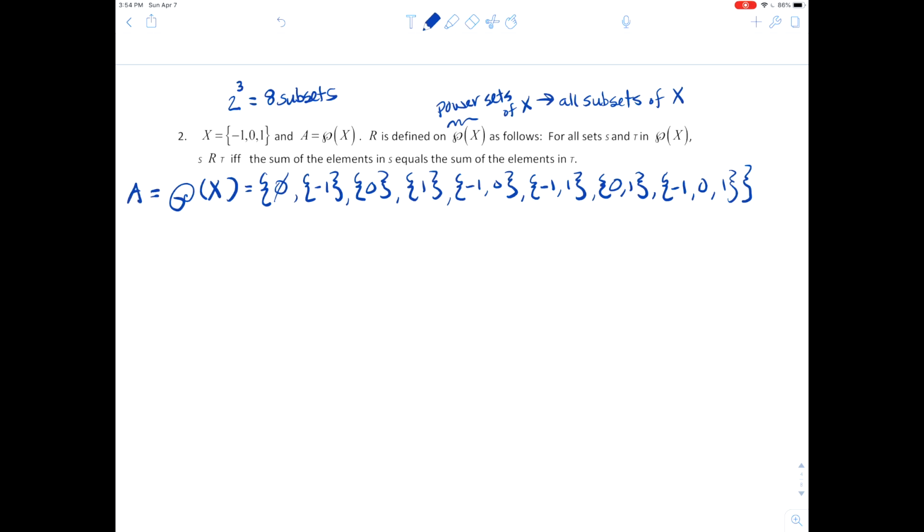Okay, so what we are going to need to be comparing is the sum of the elements in the set, because that is how our relation is. SRT if and only if the sum of the elements in S equals the sum of the elements in T.